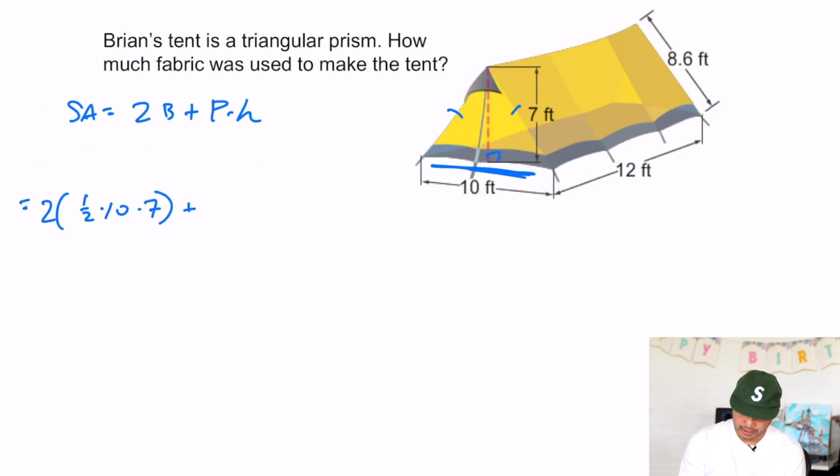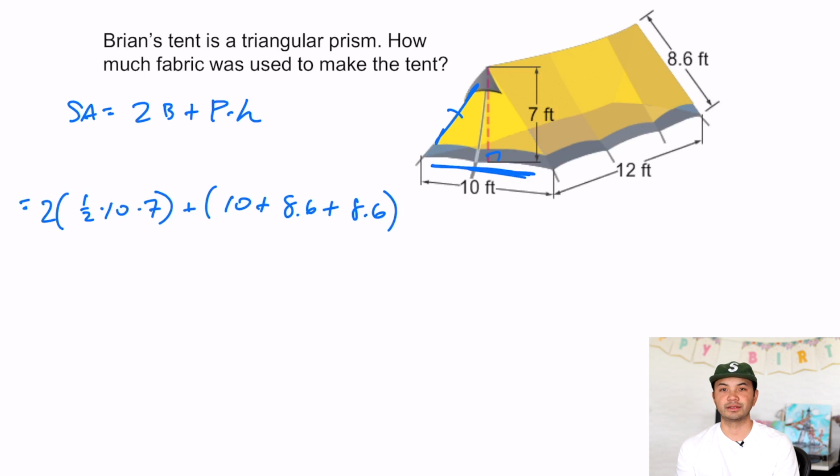My perimeter is going to be the 10 plus 8.6, because that's how tall this is. It's a little tricky the way this is drawn because the 7's here, but it's actually pointing to the height that's up and down over there. Okay, so 8.6 plus, and then this side is also going to be 8.6. And then times the altitude.